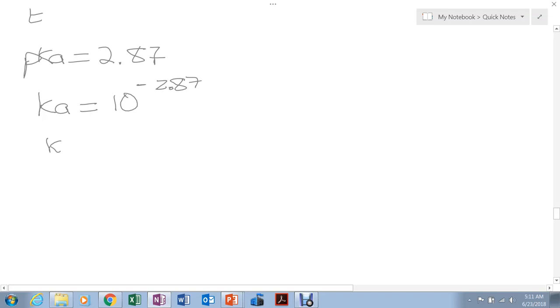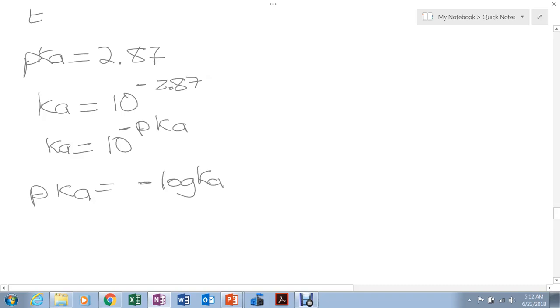So Ka would be equal to 10 to the minus pKa. We did it with the pOH and pH. Ka equals 10 to the minus pKa, because pKa is equal to the minus log of Ka.